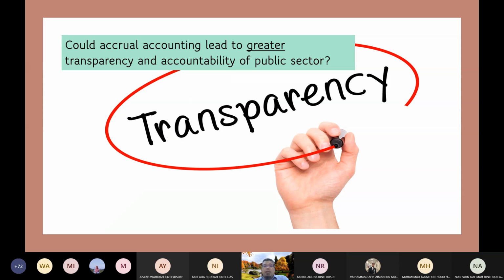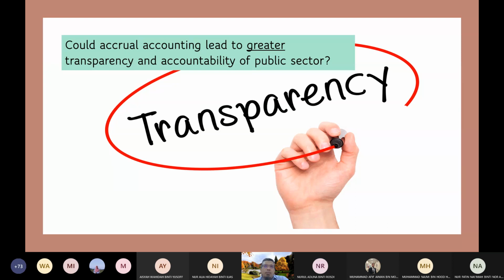All right, so that's the expectation, because of the call for the government to be transparent, and with that, they can improve accountability. So could accrual accounting lead to greater transparency and accountability of the public sector? I think these are ongoing expectations.